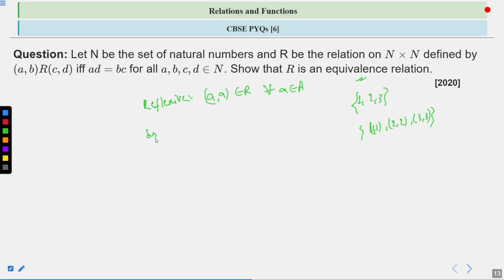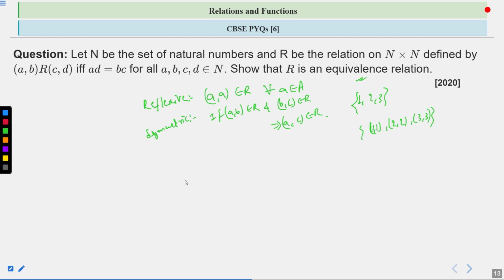Now let's discuss the condition of transitive. If (A,B) belongs to R and (B,C) belongs to R, this implies (A,C) must belong to R, right?